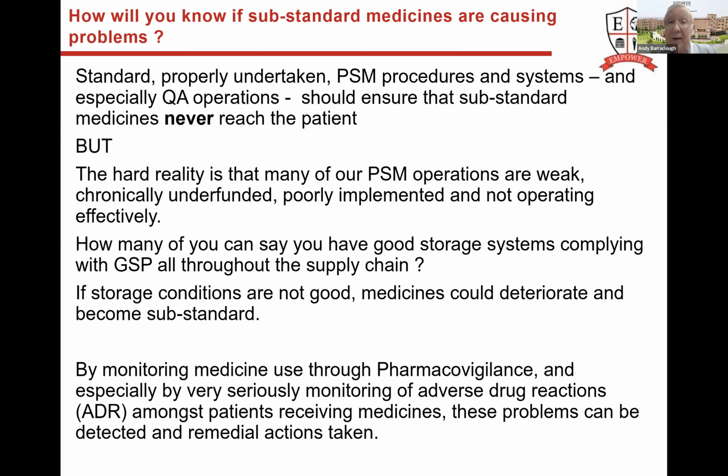Well, through standard operating procedures, through full procedures on quality assurance. And in the next module, we'll talk a lot about how we do quality assurance throughout the procurement supply chain. But the hard reality for us is that many of our PSM operations are weak, they're chronically underfunded, they're poorly implemented, and they're frankly not operating that well.